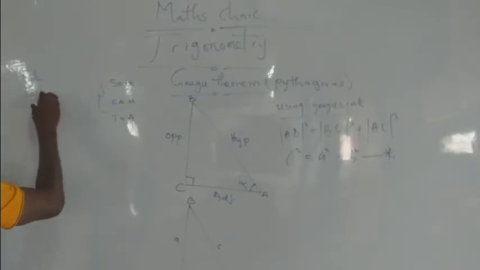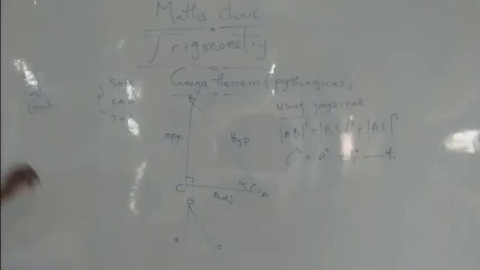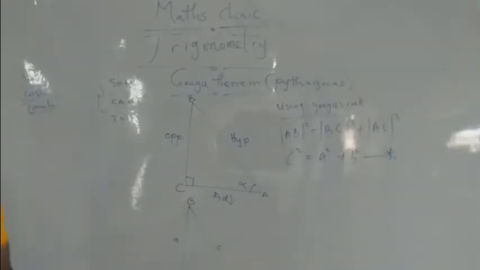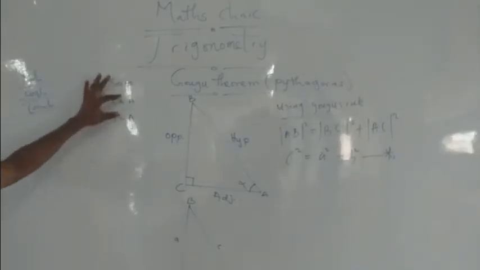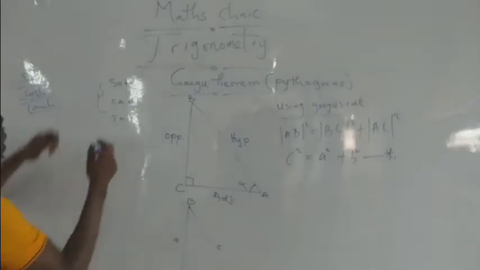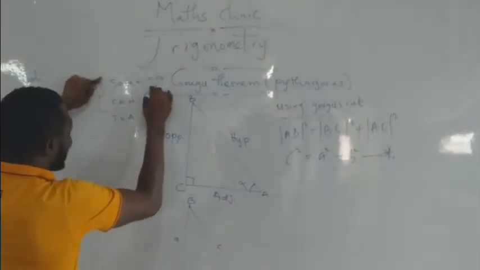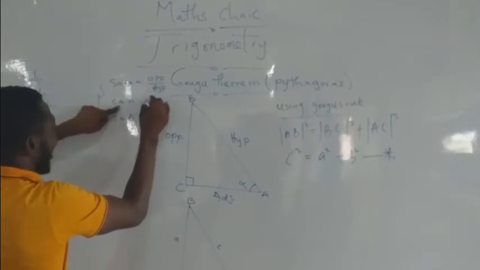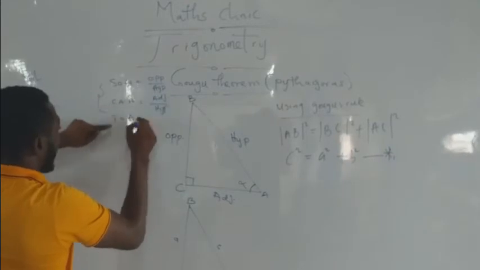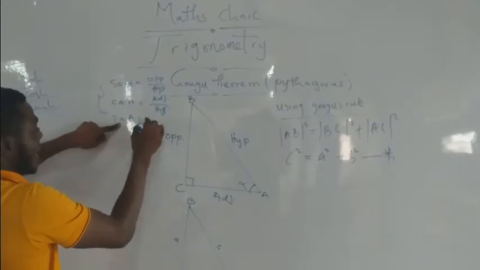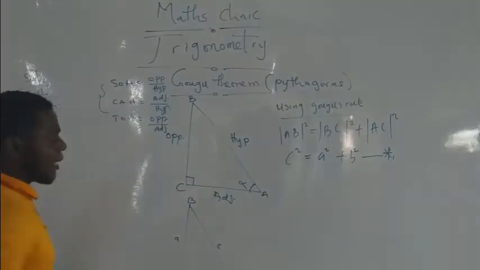This is a bit advanced, but for our level, we'll be looking at SOHCAHTOA, that is sine, cosine, and tangent. When you say sine, that is opposite over hypotenuse. When you say cosine, that is adjacent over hypotenuse. When you say tan, that is tangent, that will be opposite over adjacent. Are we together?